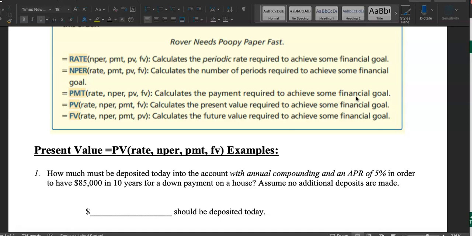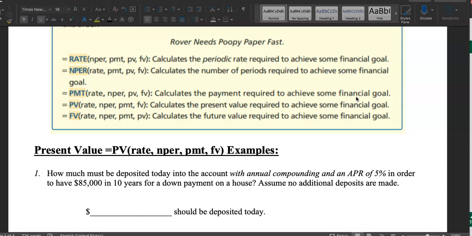But it's not going to be as simple as a million divided by 30 divided by 12 for a monthly payment, because we get something called interest rate, right? So you want to make sure to type in what's the interest rate, or how many compounding periods, how much do you have in your bank account right now? That's the present value, and what's the goal, the future value. So the payment function is used if you want to figure out what's going to be that monthly or yearly payment.